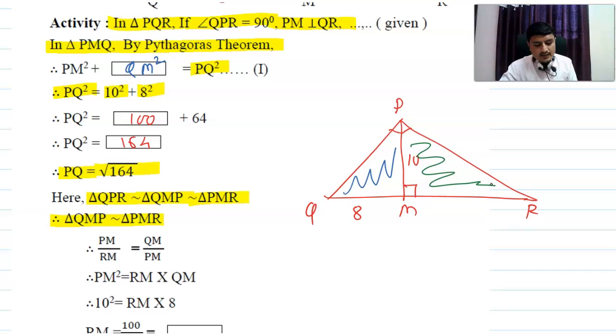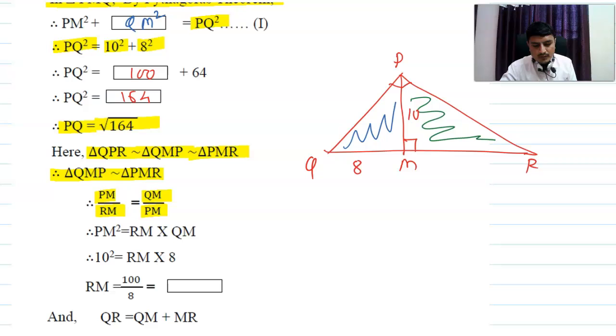Once the triangles are similar, their corresponding sides are in equal proportion. That means we write PM divided by RM equals QM divided by PM. Using cross multiplication, PM into PM becomes PM square, which equals RM into QM.